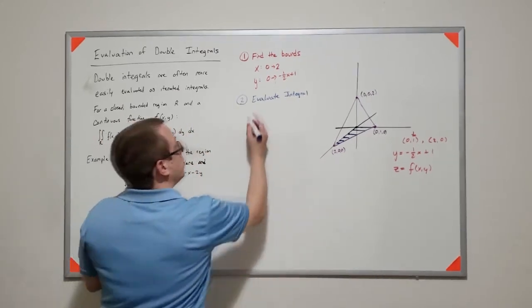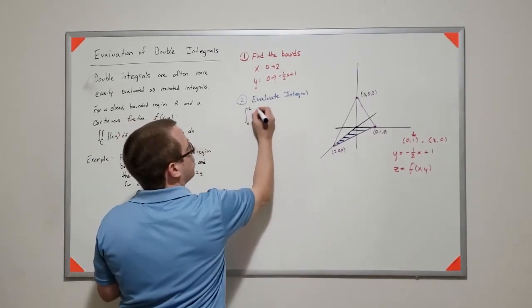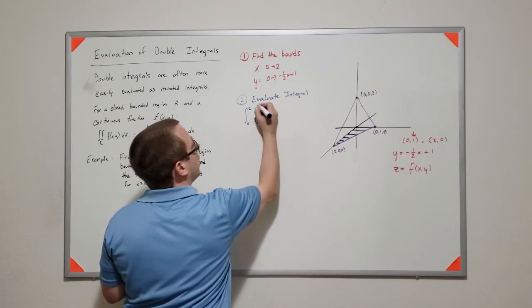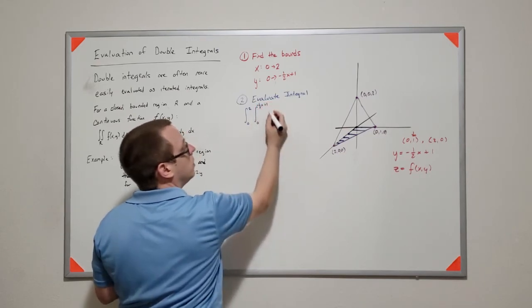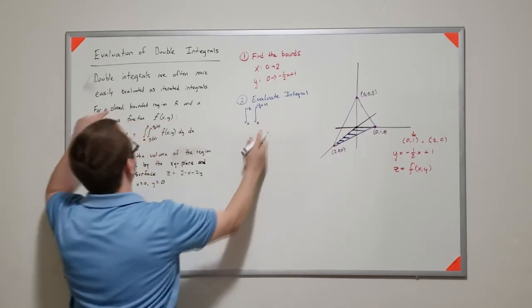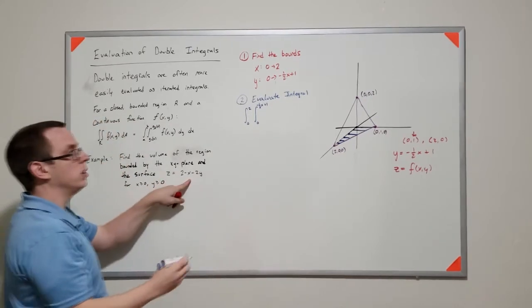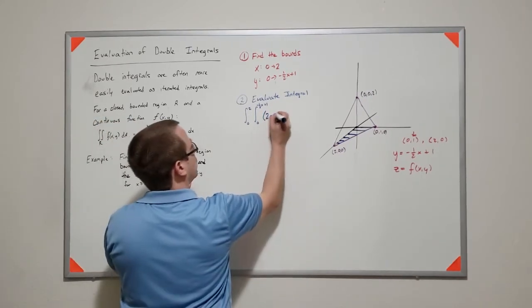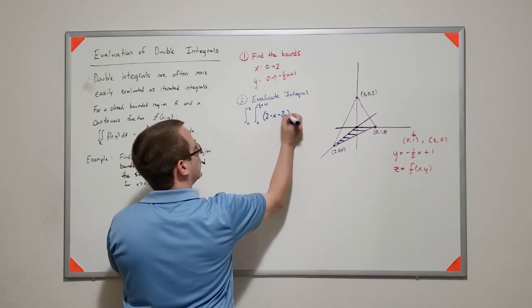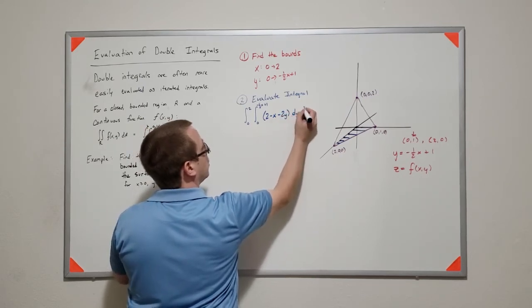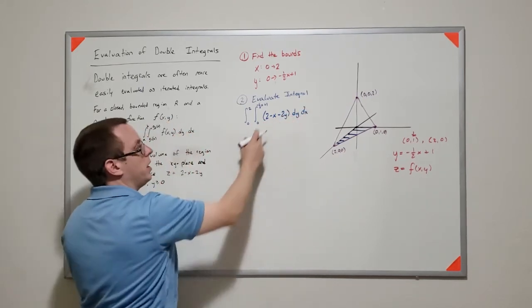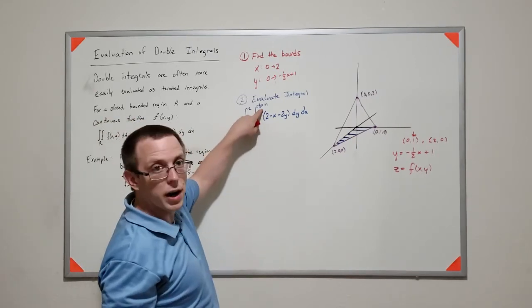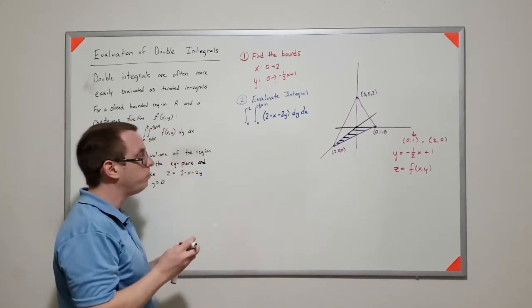So to do this, we say, all right, x goes from 0 to 2, y goes from 0 to negative 1 half x plus 1 of this function. Notice we do dy dx because our y bounds are there.